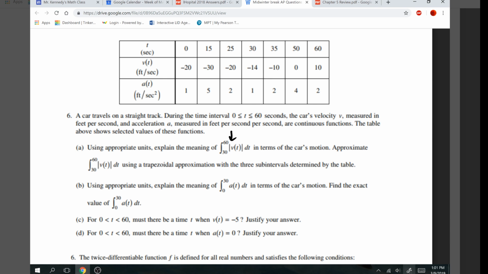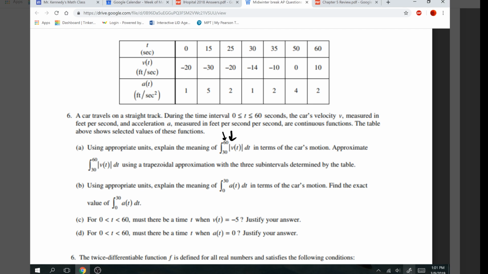And the way to describe that is the integral of velocity is position, and the integral of the absolute value of velocity, okay, so the integral of velocity would give you a change in position, because it's a definite integral. It tells you how much it changed from 30 to 60. But because we're integrating the absolute value, we're actually going to get a total distance traveled by the car.